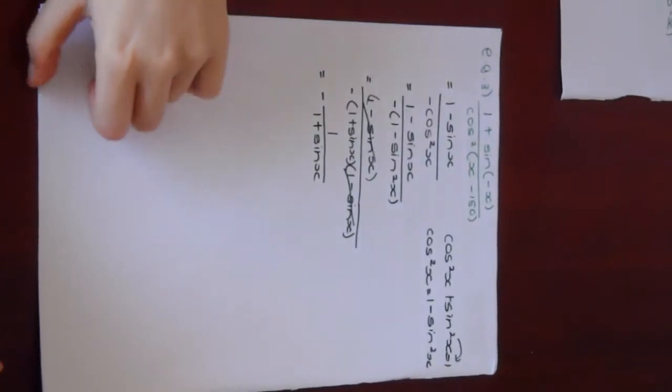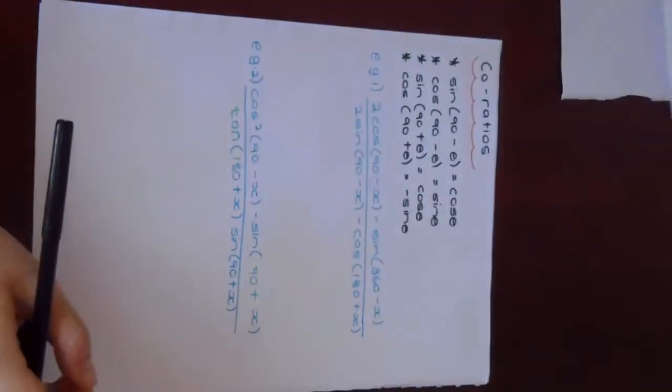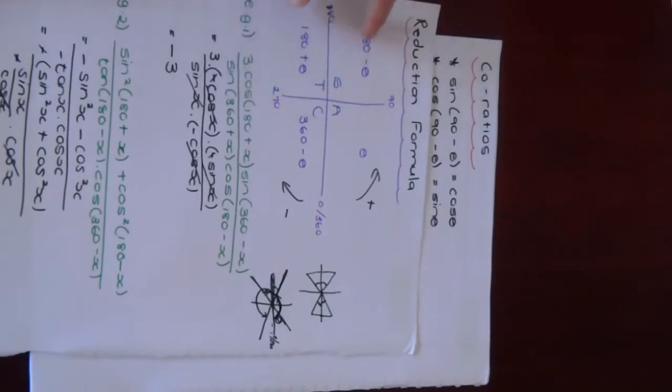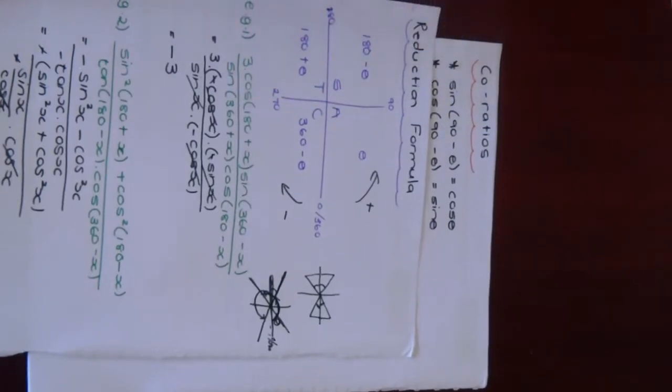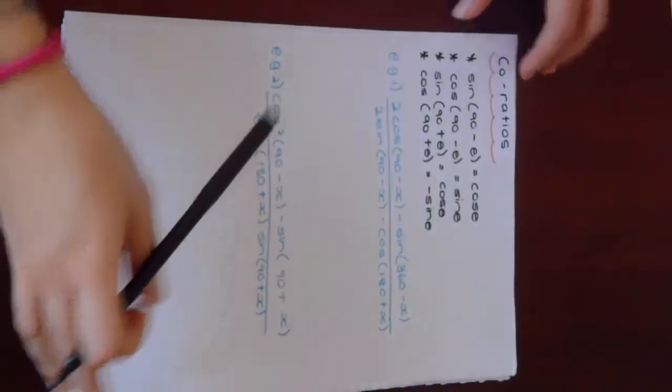Okay, so what today's video is actually about is co-ratios, which is a very, very similar process to what we did with this. Remember with this we asked ourselves where, and then we changed it to a positive or negative, okay? Now you've, oops, oh no, let me just check that that's still in the shot.